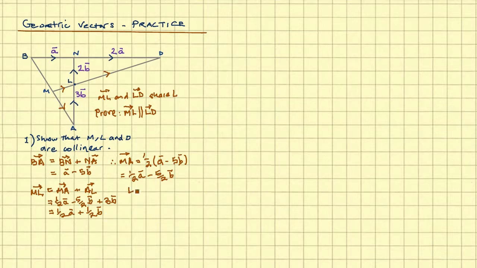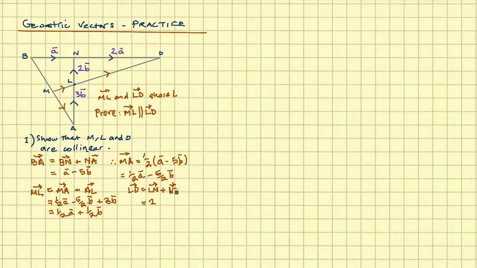Okay, now I need an expression for L to D. So again, opportunity to pause the video if you think you've got the hang of it now and complete L to D. So L to D needs to go along here from L to N and from N to D. So it's from L to N plus N to D. And if we write that in terms of the vectors, we've already got those vectors.